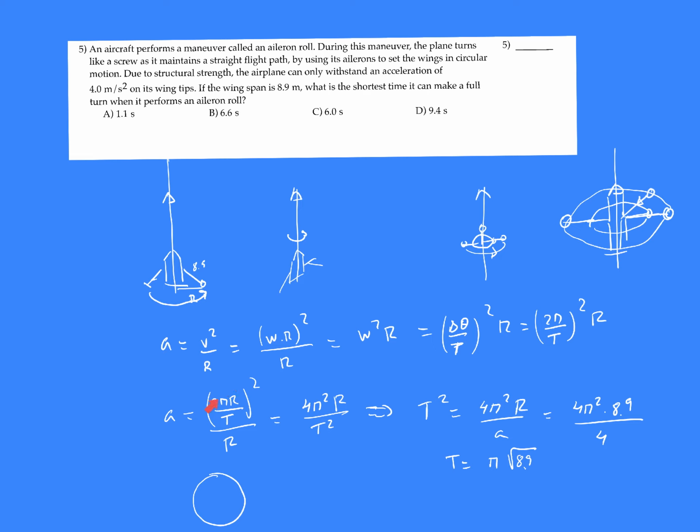With some algebra, T squared will be 4 pi squared r divided by a. Plugging in numbers, r is 8.9 and a is 4, so the 4 cancels with this 4, and T squared will be pi squared times 8.9. So this is the time, and the problem is done.